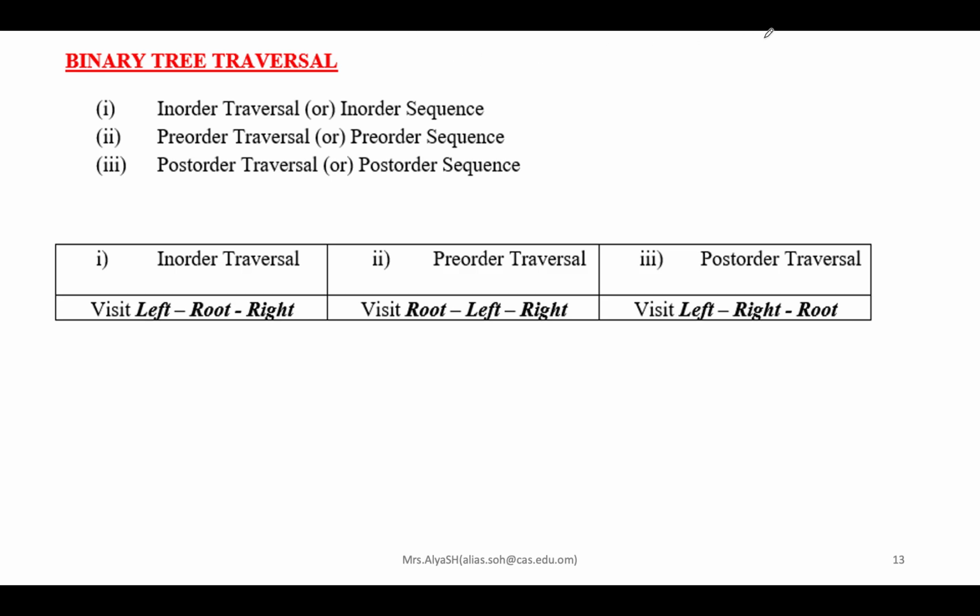So if we got a tree, and we have those names A, B, C, D, and E. Now we consider this a binary tree because each vertex has either 2 or 1 or no children. The tree traversal is the way we visit those nodes, and we have 3 traversals here.